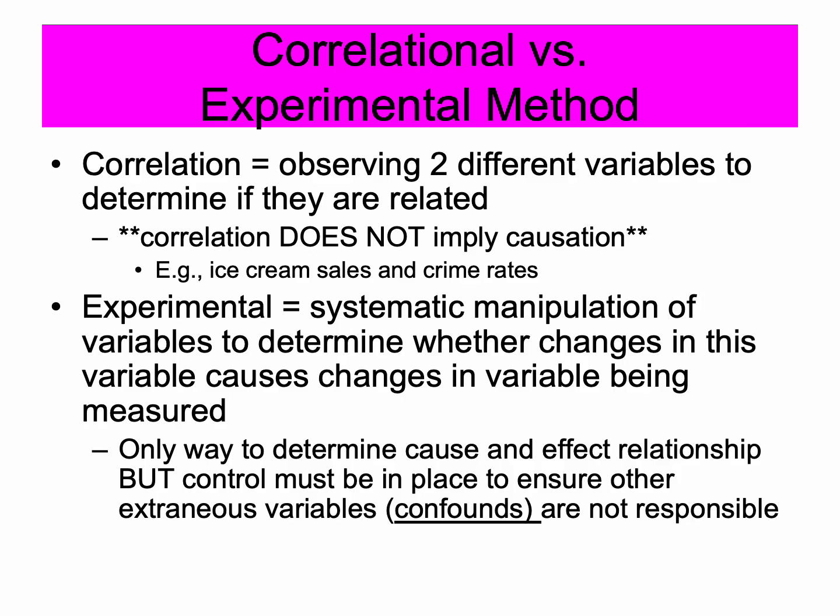However, there has to be control in place to ensure that other variables aren't actually responsible. Any other variable that's causing differences between your treatment groups is a confound, right?